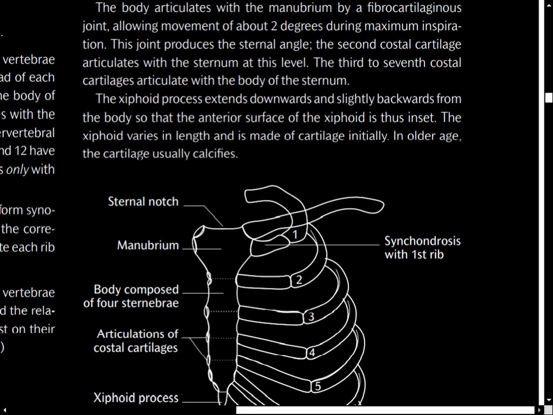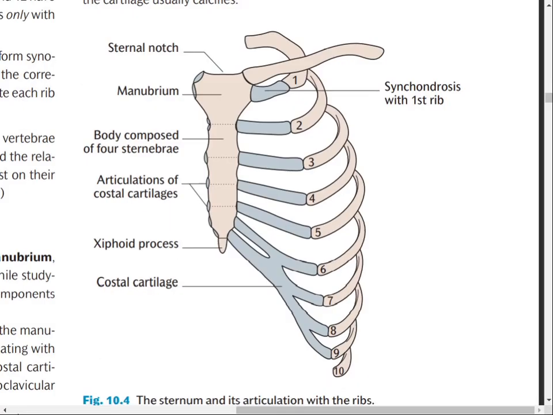The xiphoid process extends downwards and slightly backwards from the body so that the anterior surface of the xiphoid is thus inset. The xiphoid varies in length and is made of cartilage initially. In older age, the cartilage usually calcifies.